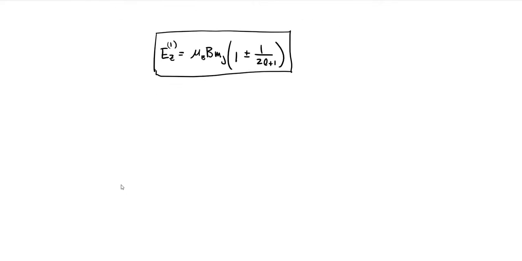So if we were to plot the energy as a function of magnetic field of some of those states, let's say we look at that 2p 3/2 state, those J equals 3/2 states. We're going to see them split like that, like we had derived by brute force.